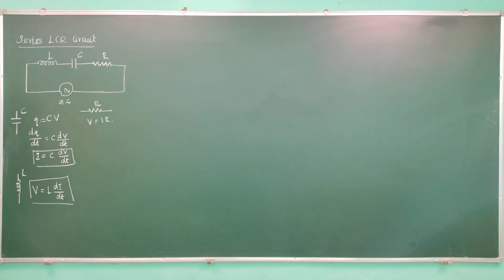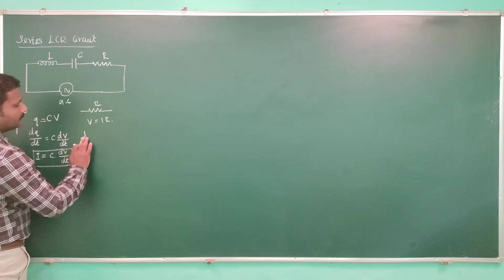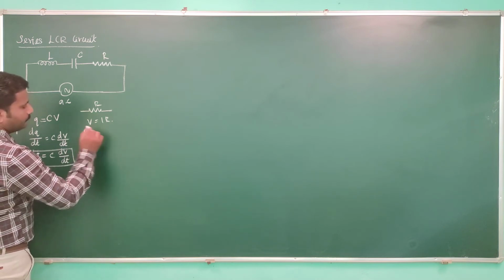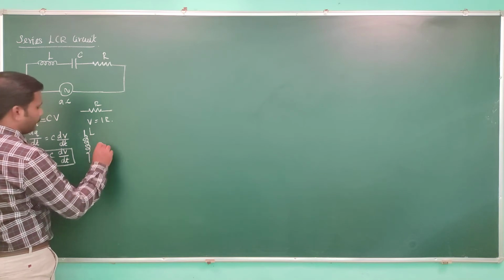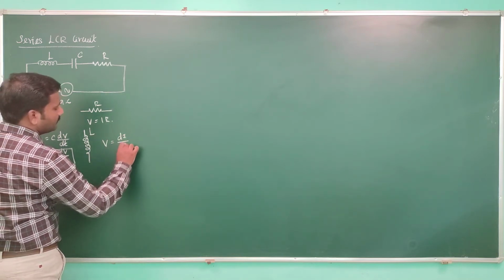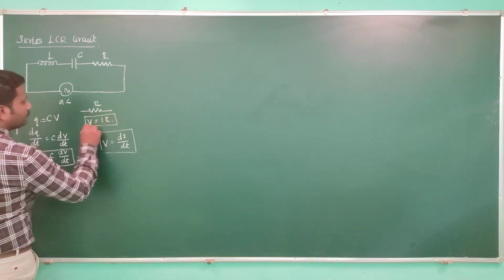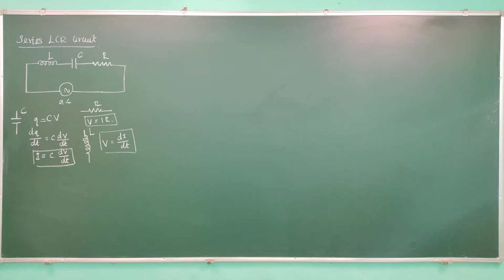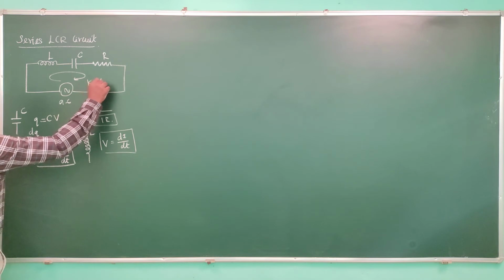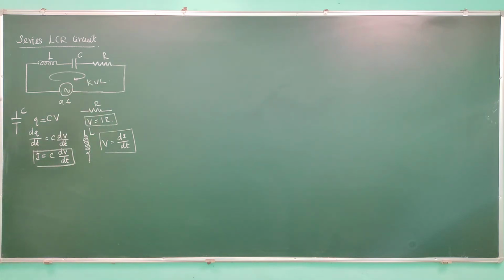Using these three relations, we are going to deduce the differential form of the equation governing the function of this LCR circuit, by applying Kirchhoff's voltage law to a closed loop.